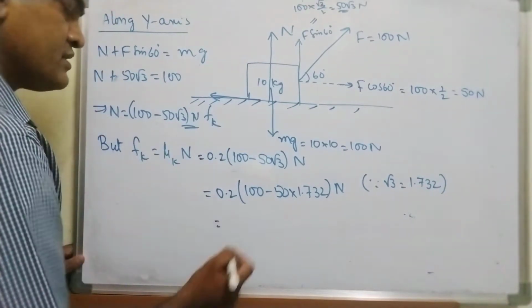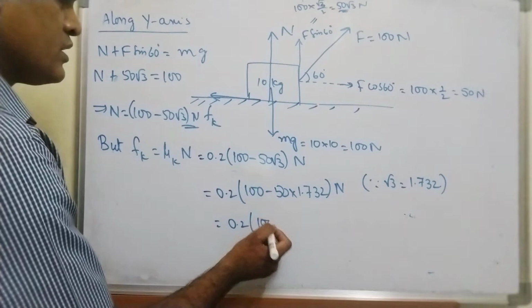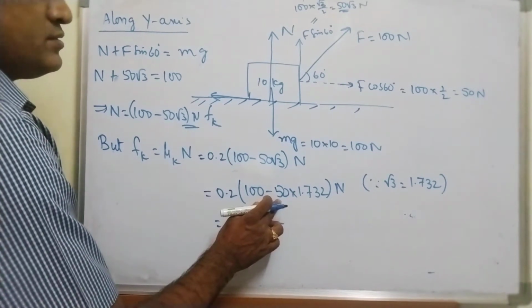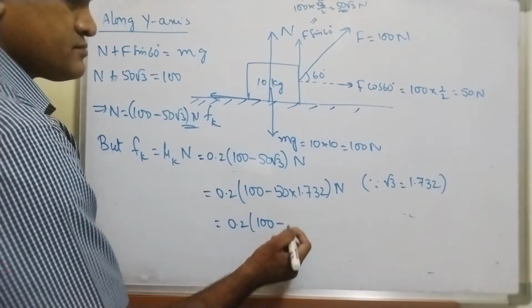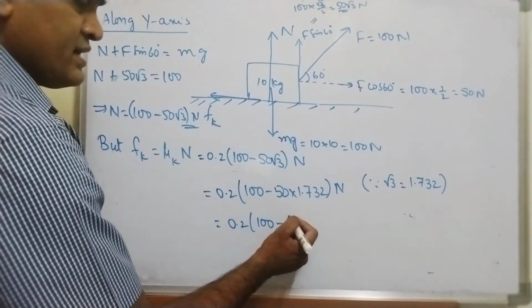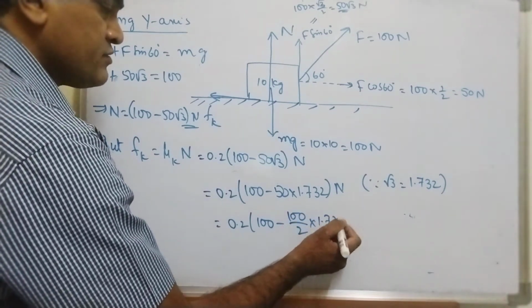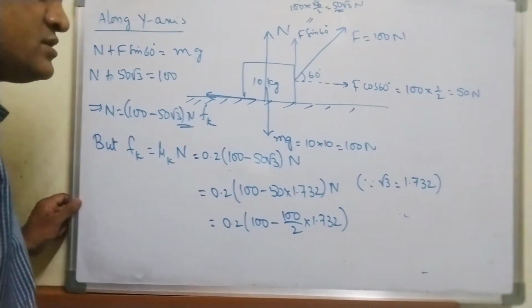Now if you calculate this, what will you get? 0.2 into 100 minus 100 by 2 into 1.732. So that calculations become easy.